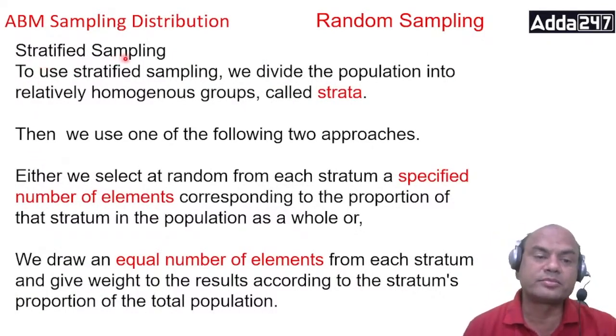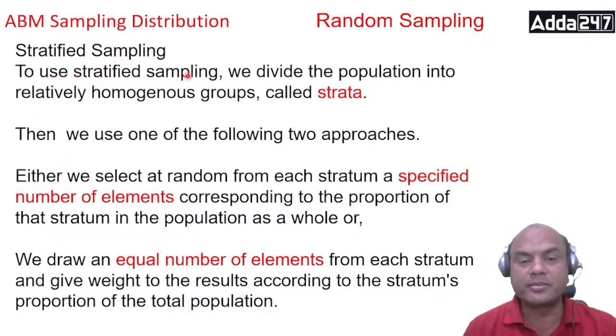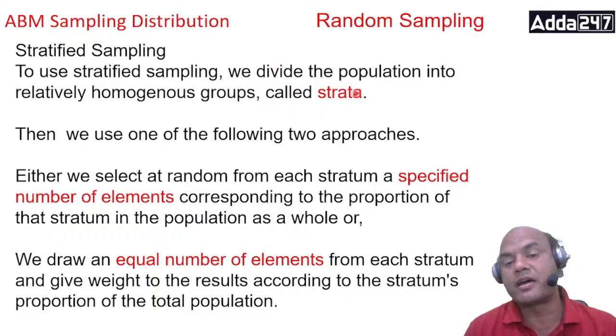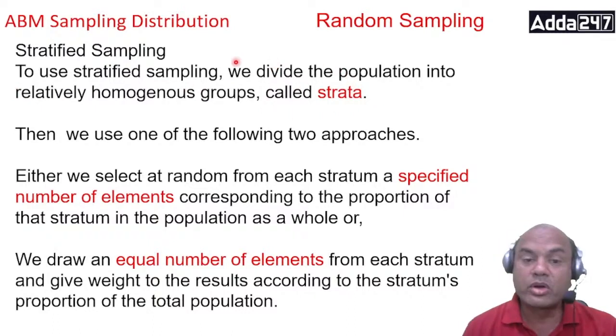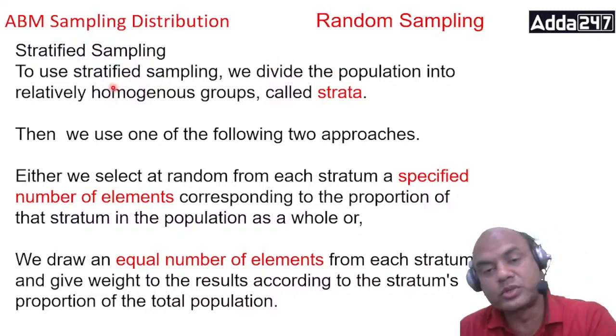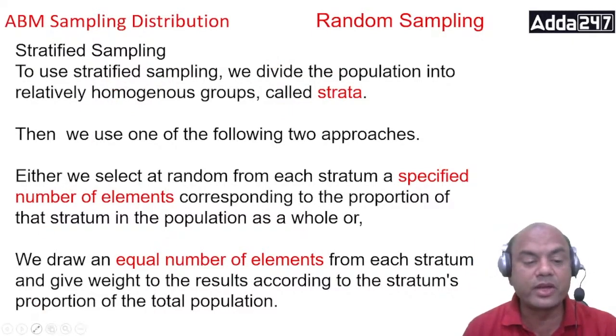Stratified sampling. To use stratified sampling, we divide the population into relatively homogeneous groups called strata. Now, what do you mean by homogeneous? When we divided those students into 40 to 50%, 50 to 60%, we did it just now.